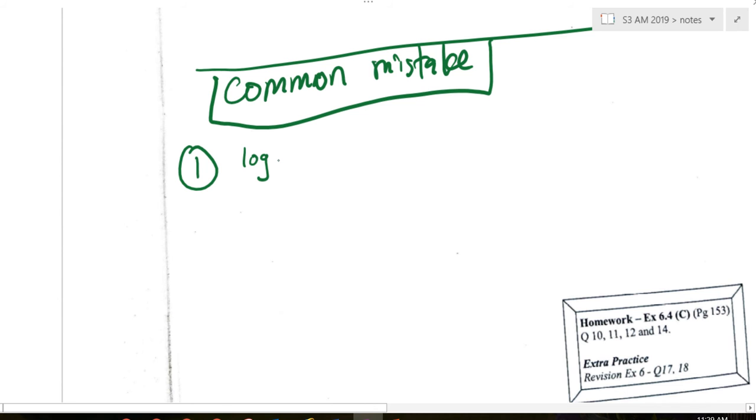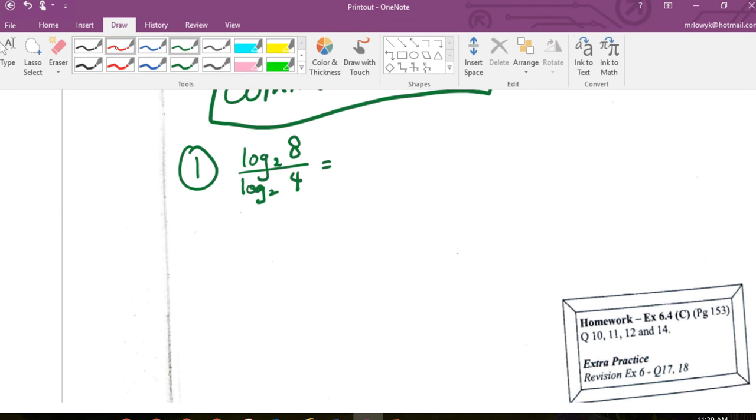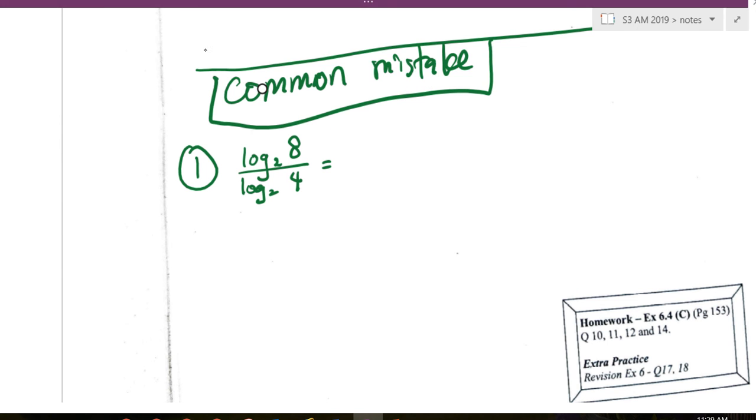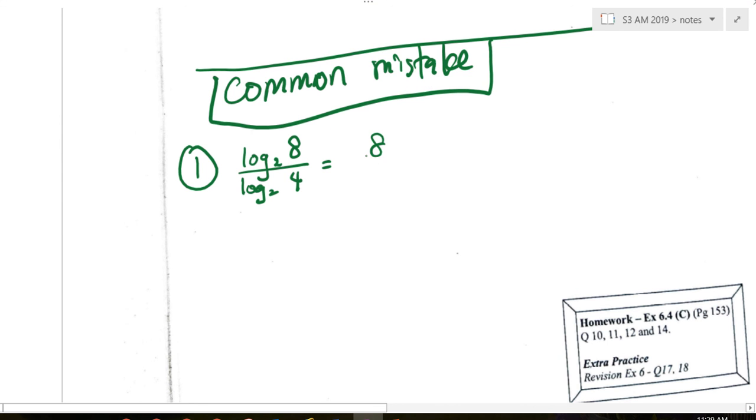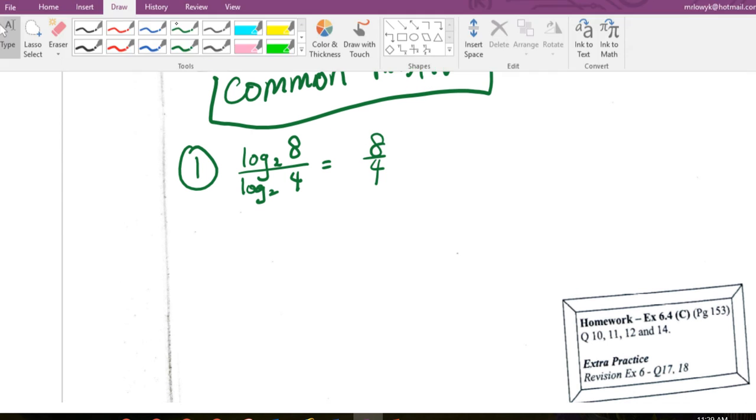Now, what is common mistake number one? Common mistake number one is we say that this is equal to 8 over 4. And can you help me write down this is not equal?